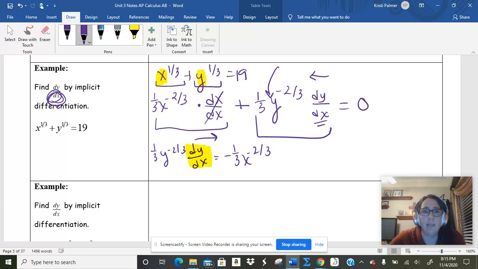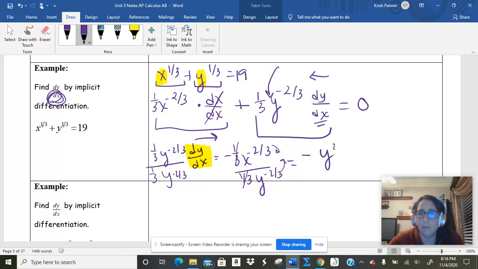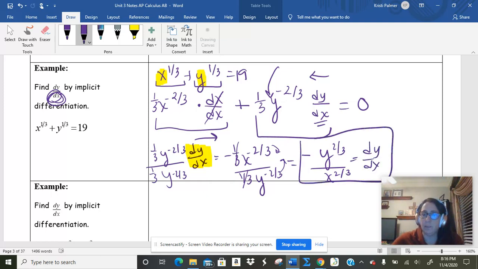So I'm going to divide both sides by the 1/3 y to the negative 2/3. So 1/3 over 1/3, I just have that negative, and then move the negative exponents. There we go. So dy dx equals this right here.